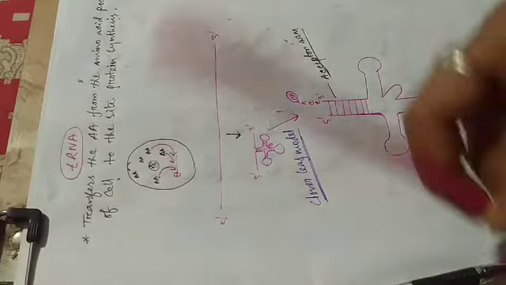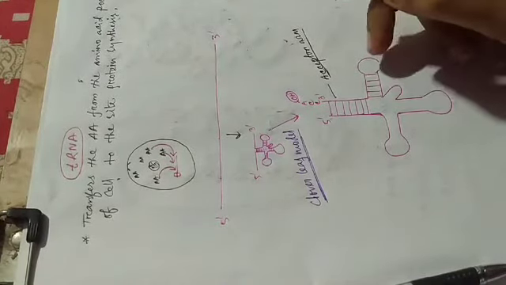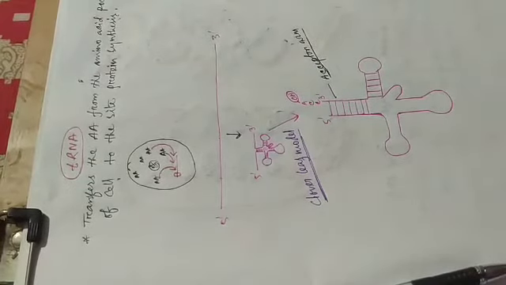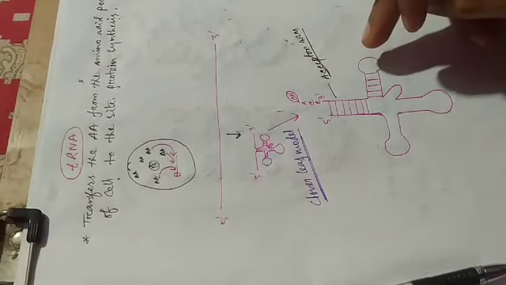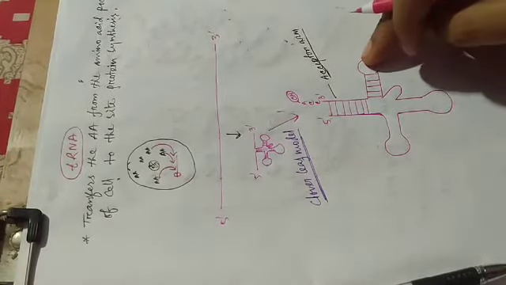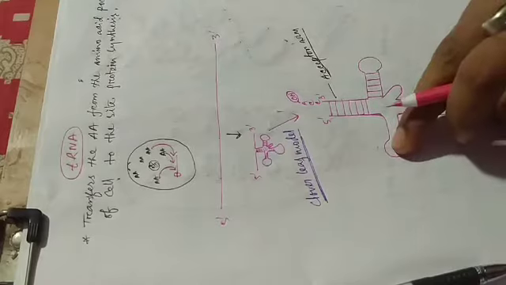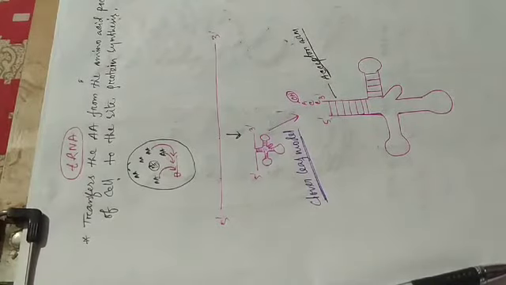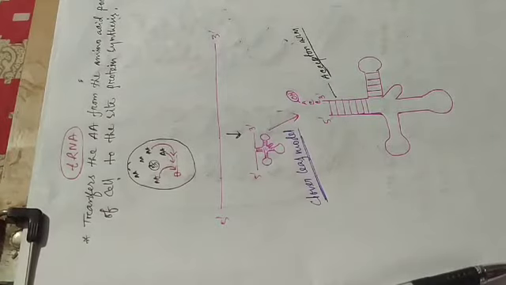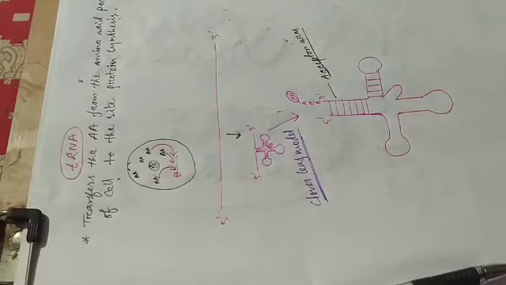Then the second arm has formed a loop. Why does the loop form? Because at that point there is no complementarity. That part of the tRNA does not contain any complementary nitrogen bases. For that, this cannot form the hydrogen bond. For that, this part of the tRNA formed a loop.